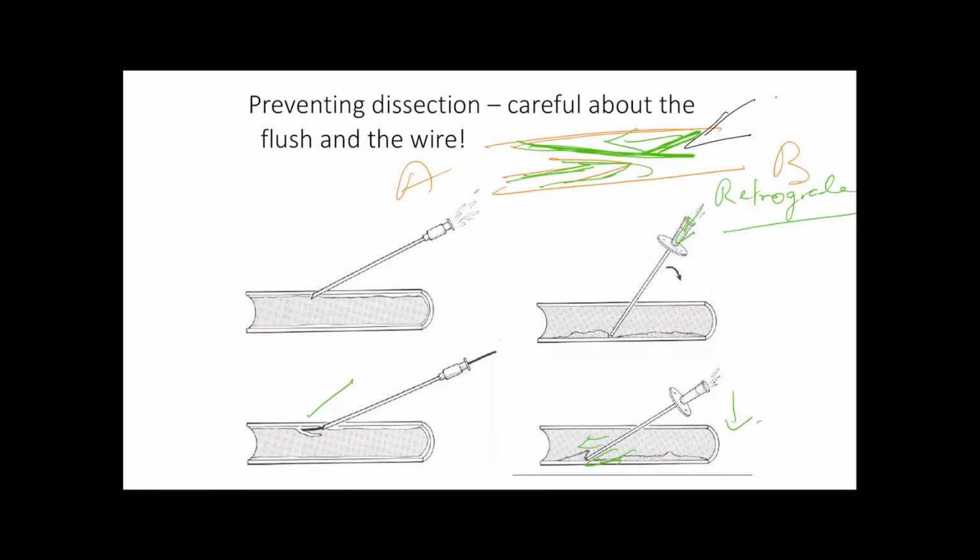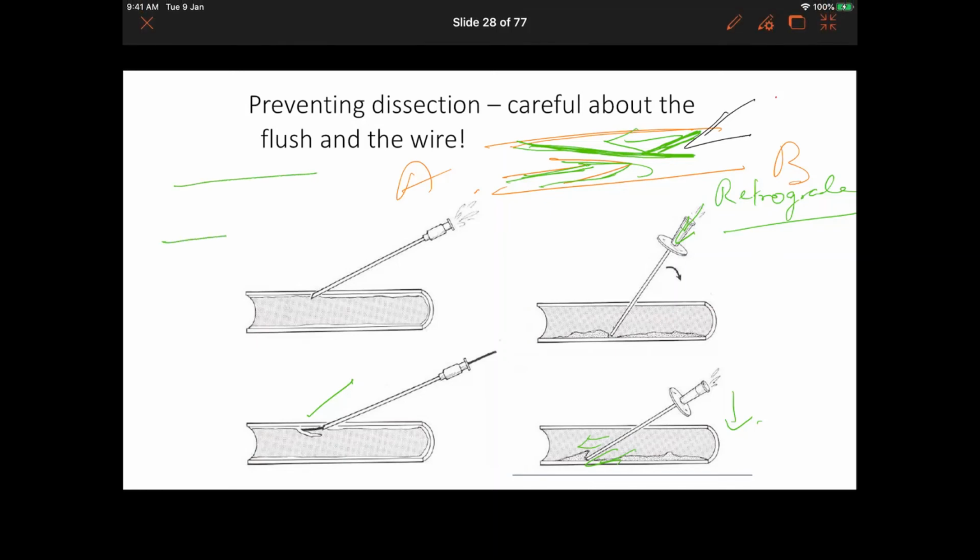But anterograde dissections can happen when you are withdrawing things from the sheath, or maybe the guide you are taking out. Anterograde dissections are dissections which happen in the direction of the flow. So if you are withdrawing, the direction is like this, above and below as I said, and the dissection happens here.